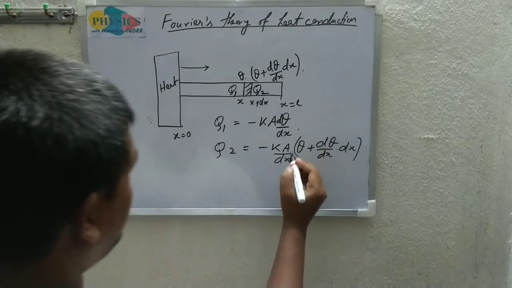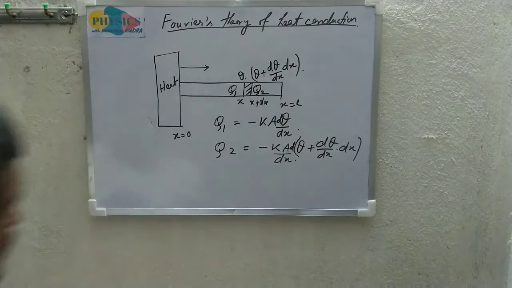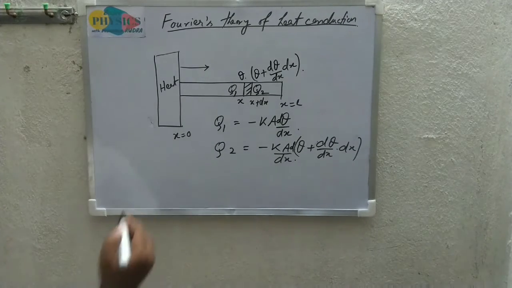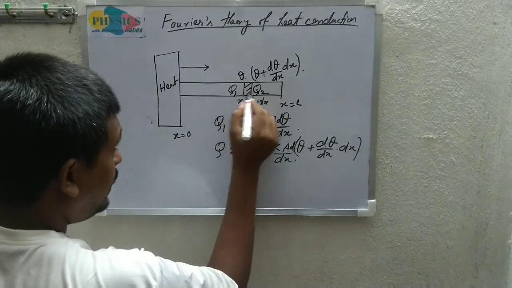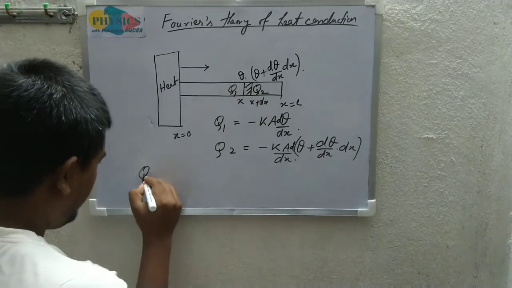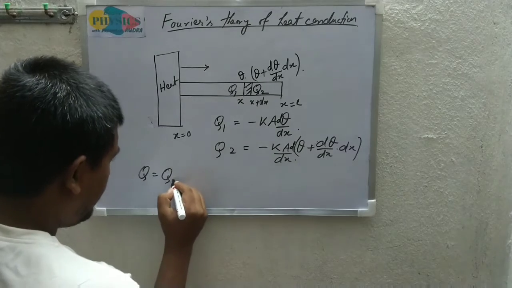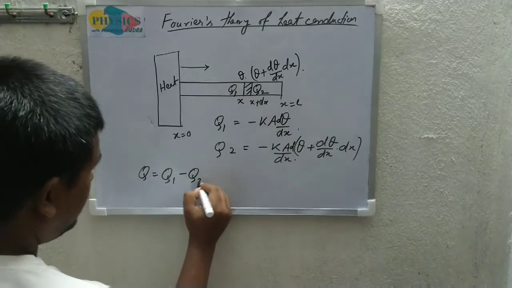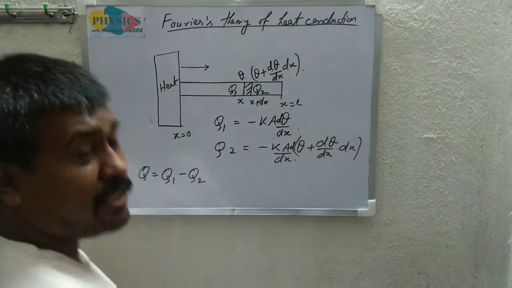So from this we can write the amount of heat flowing into only this section is Q equal to Q1 minus Q2, because Q1 is greater than Q2.